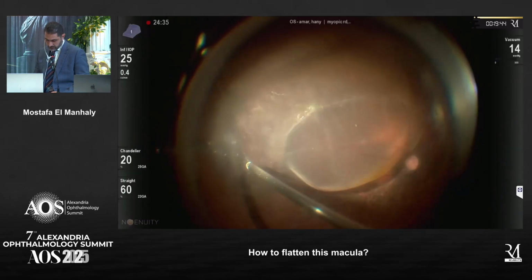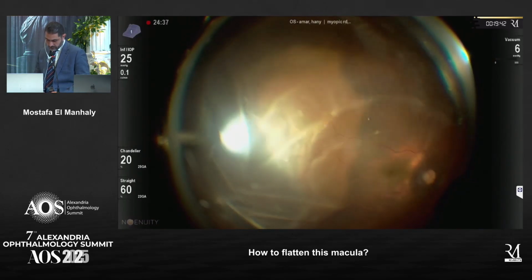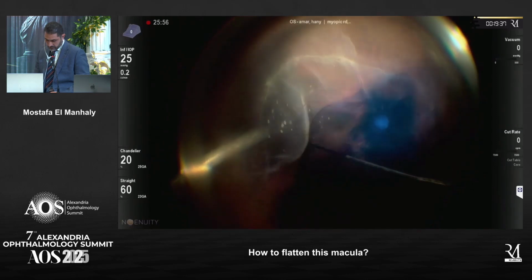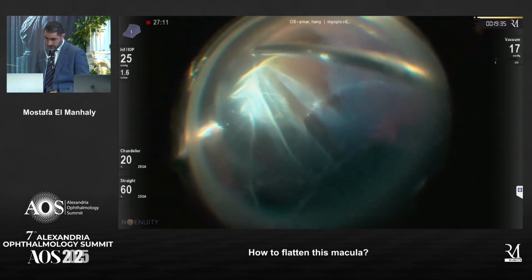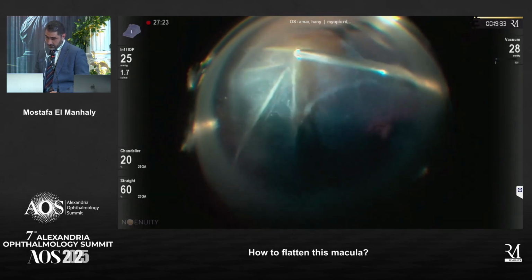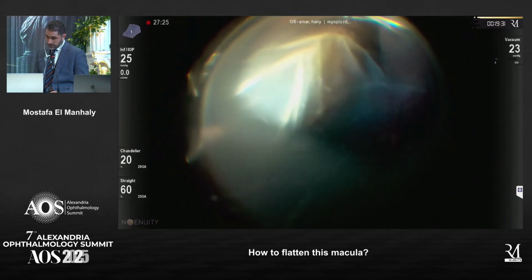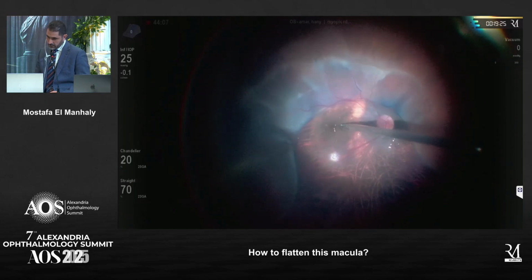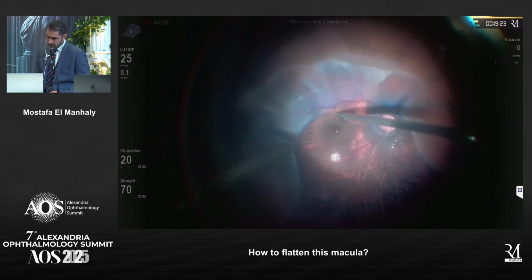The posterior hyaloid was peeled easily from the posterior pole, and I continued the peeling to the posterior border of the vitreous base. There was a strong attachment of the vitreous. There also the ILM peeling was not an easy procedure.